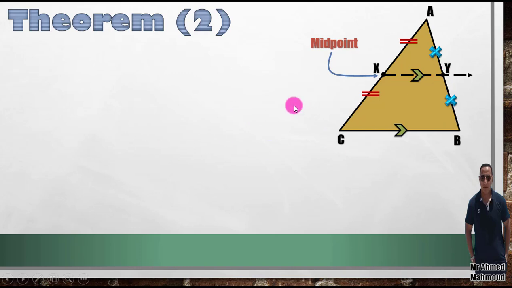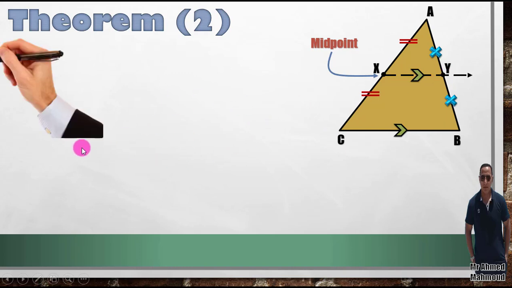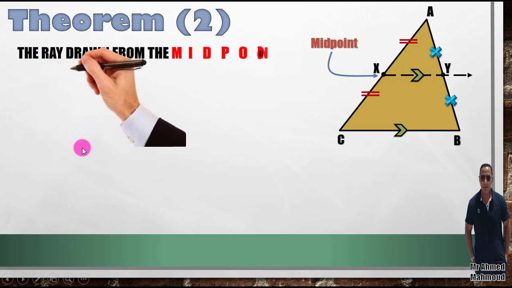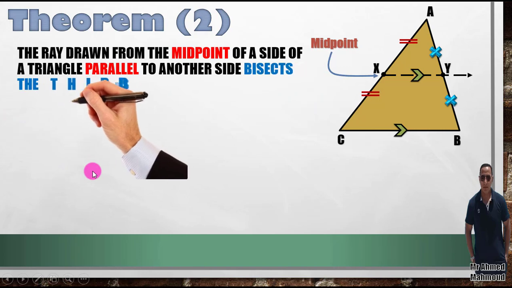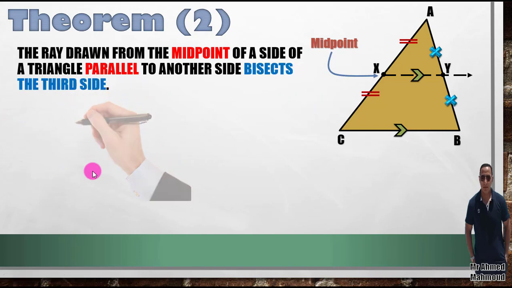So I can state the theorem like this. The ray drawn from the midpoint of a side of a triangle parallel to another side bisects the third side. Again, the ray drawn from the midpoint of a side, parallel to another side, which is the other given, bisects the third side.